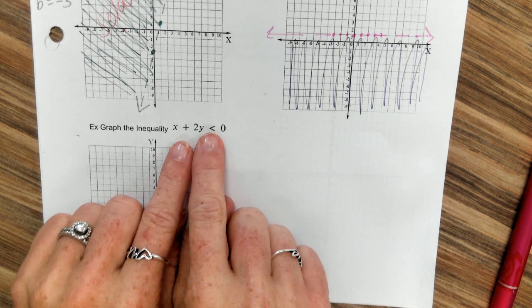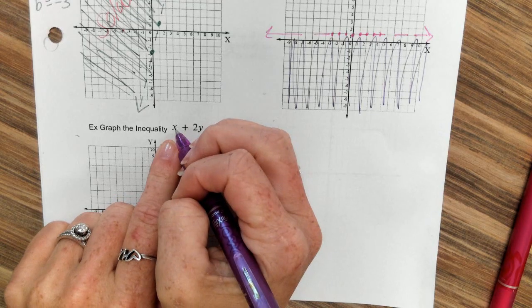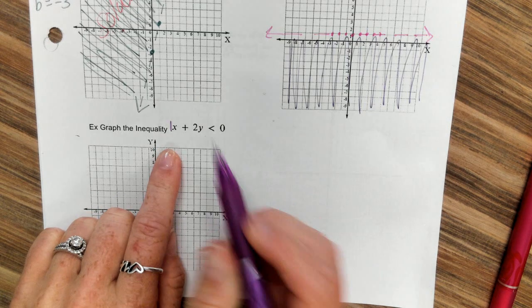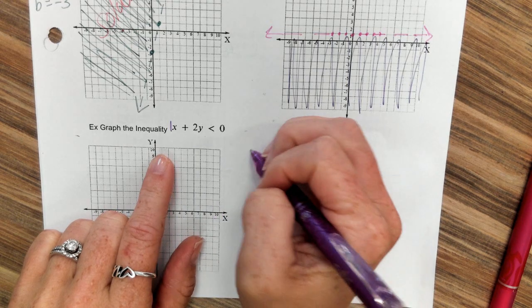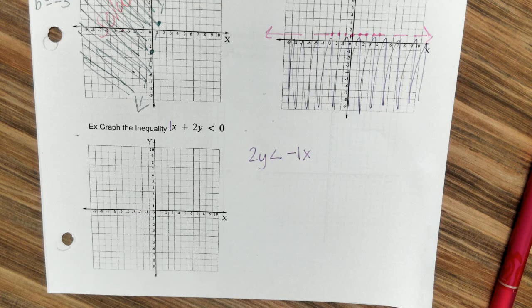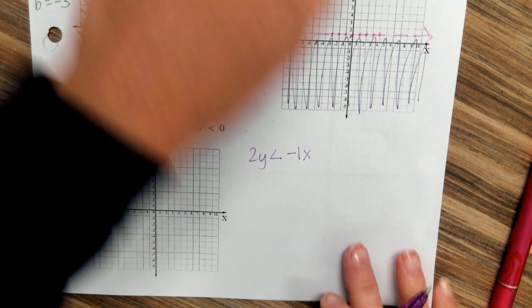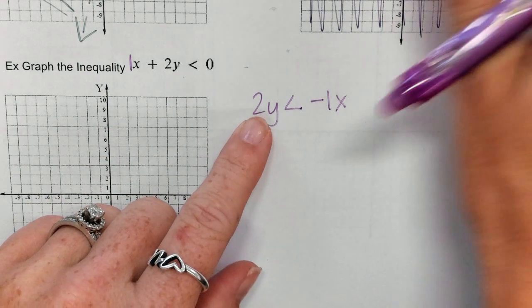All right, so let's go rearrange this. What coefficient is in front of this x? 1. How would I move this 1x to the other side? So I have 2y is less than negative 1x plus 0, which I'm not going to write plus 0 because we don't need that. Am I going to flip this inequality sign?